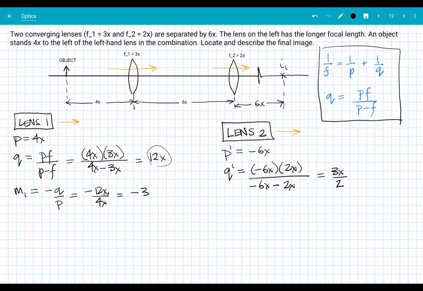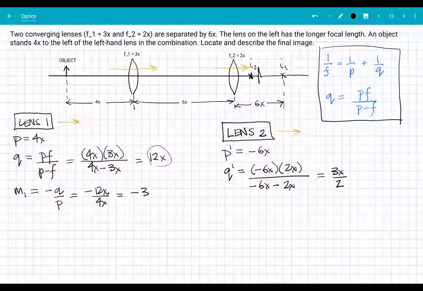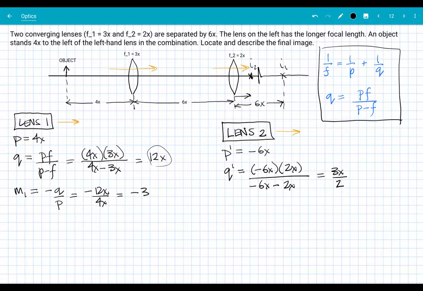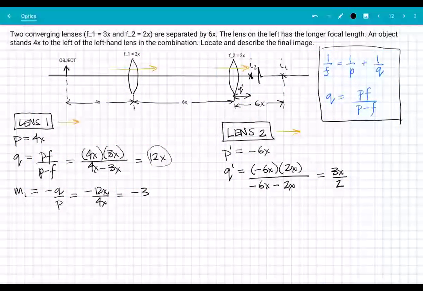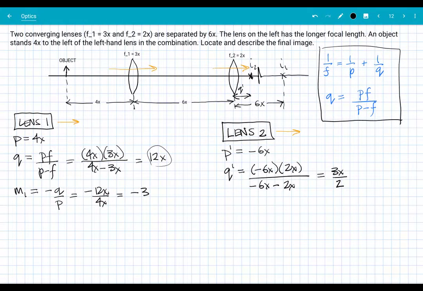So that means that it is on the side of the outgoing light. So that's going to be, say, like right here. This is image 2. That's our final image. And it would be 3/2 x to the right of the lens. So that's this distance here that we're talking about, right? That is, I'll just label it as q prime right now, 3x over 2. So it's located to the right of lens 2.